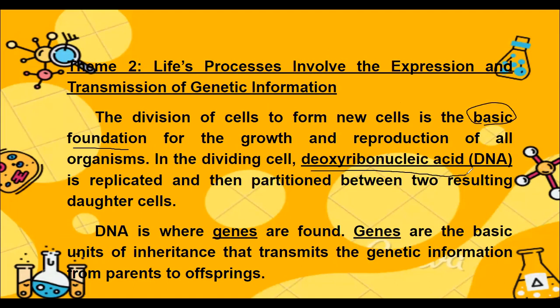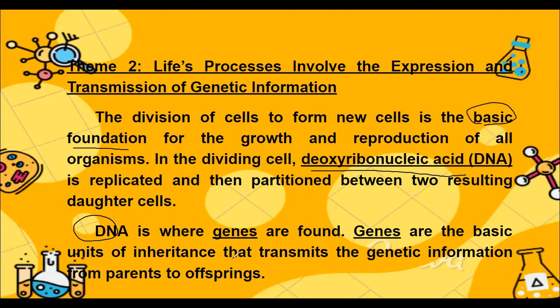That is replicated and then partitioned between two resulting daughter cells. So the DNA is where the genes are found. Those genes are the basic units of inheritance that transmit the genetic information from parents to offspring.